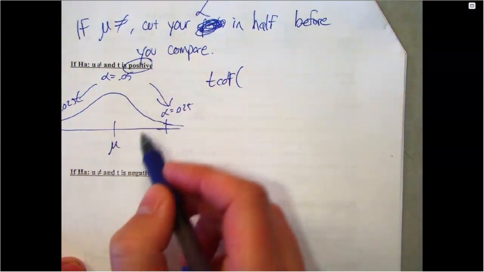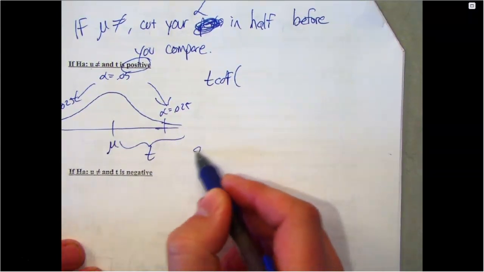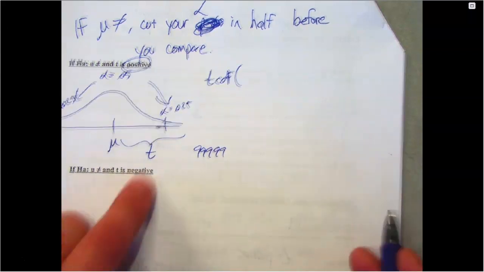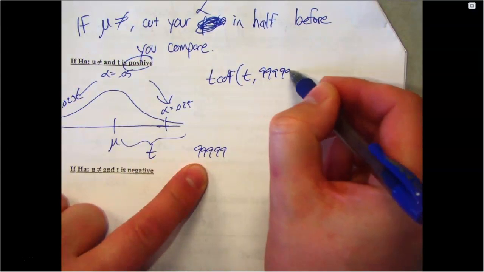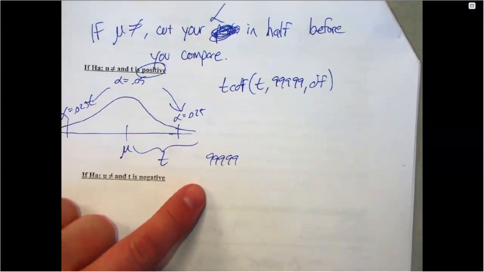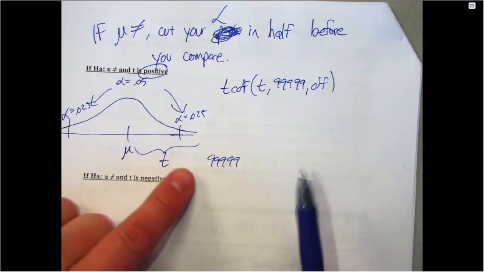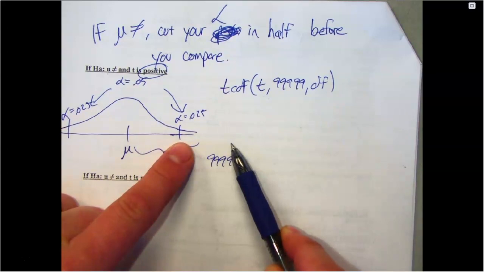T is positive, so T is over here somewhere, and I always want to go toward the tail. So if my T is over here and my tail is over here, doesn't that make my low the T and the high the 999? And then the degrees of freedom. So this is just like the greater than one so far, right? We're going to the tail, we're going above.